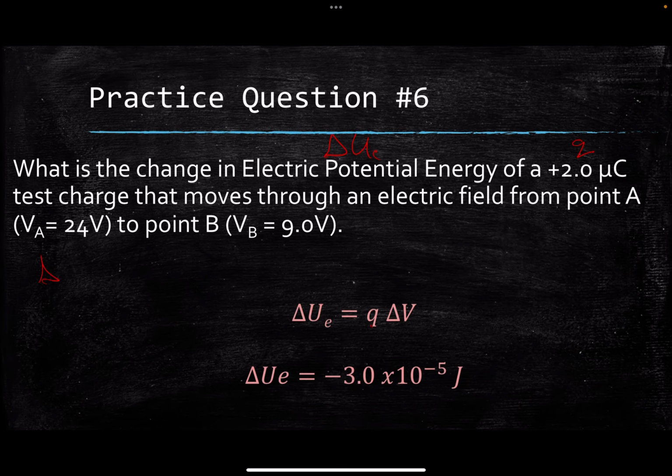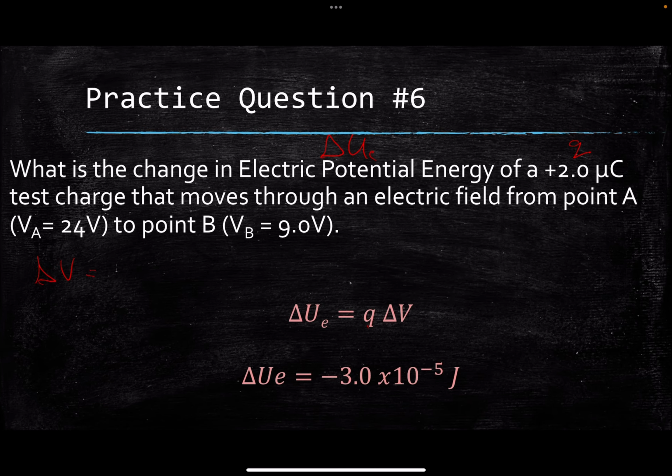Remember, anytime we have a change in, you've probably done this in chemistry before, it's always final minus initial. So our final would have been 9 volts minus our initial, which is 24 volts. And so that's how we get that negative, and that negative means we're losing that energy. And so that would get plugged in for that value there.